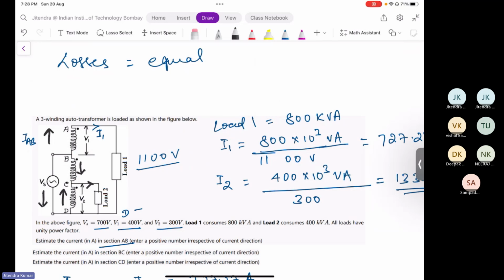So BC is supplying most of its kVA to load 2 rather than load 1. Hence, when we computed the direction, BC direction is coming towards load 2 rather than load 1. So that's another way to identify. Otherwise, at the end, if you are getting negative, it means whatever you assumed is opposite of the reality. And if you are getting the same direction, it means the result supports whatever assumption you have taken.